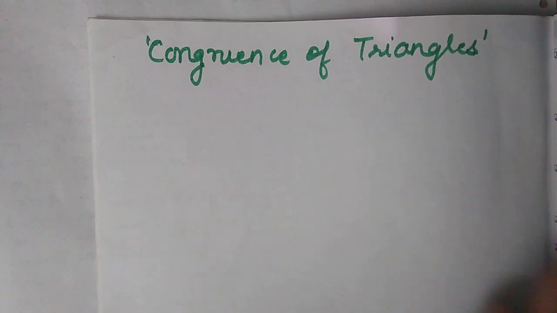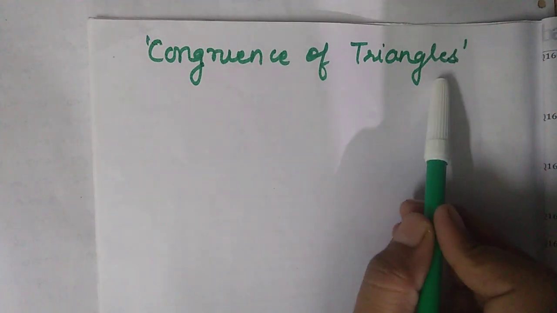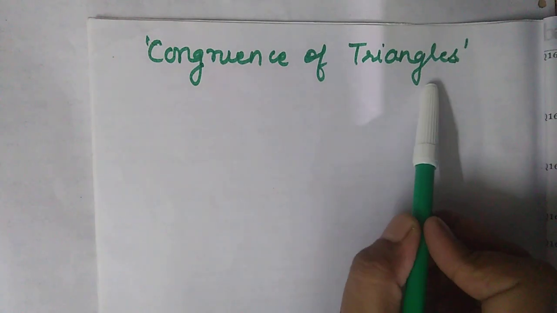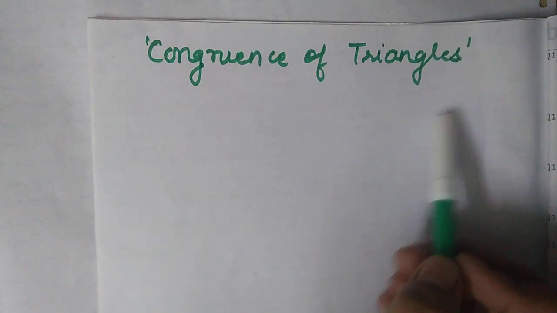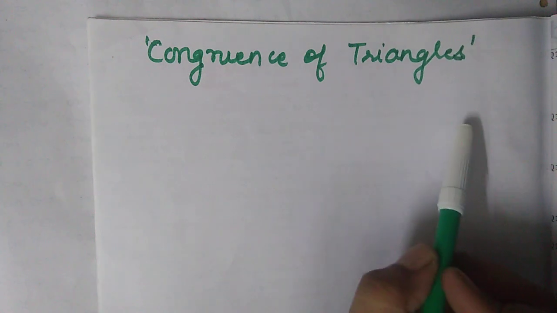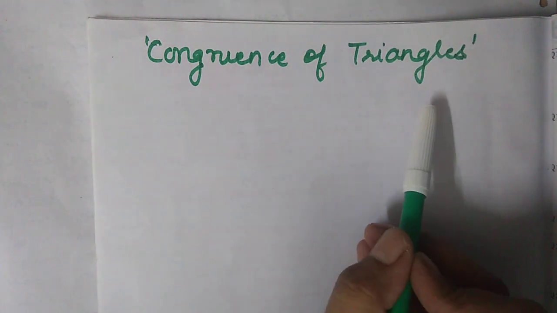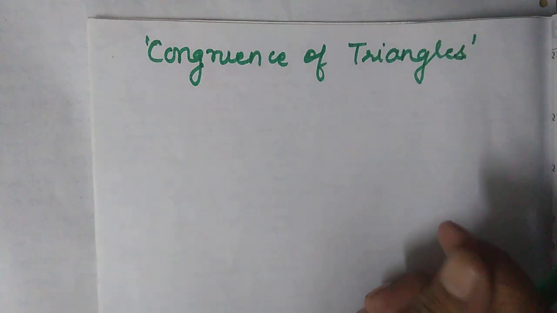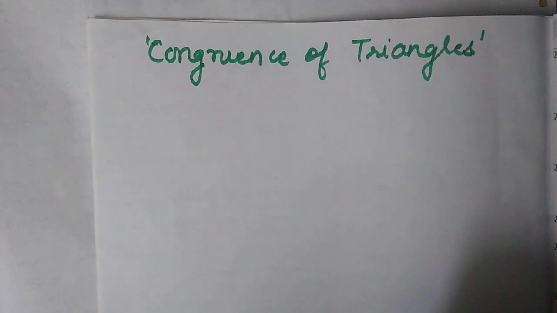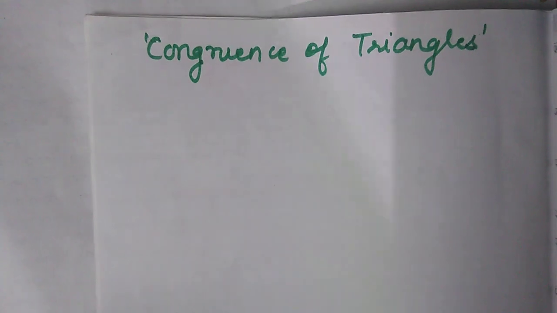Two triangles are congruent if they are copies of each other, exactly the same, and when they are superposed, or you can say overlapped, they cover each other exactly.